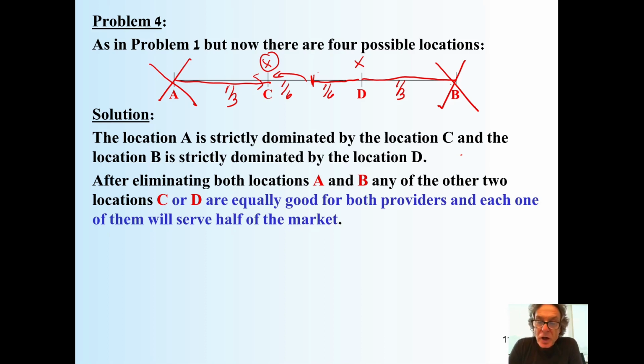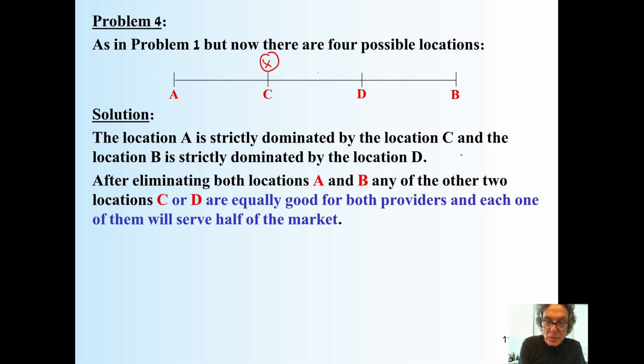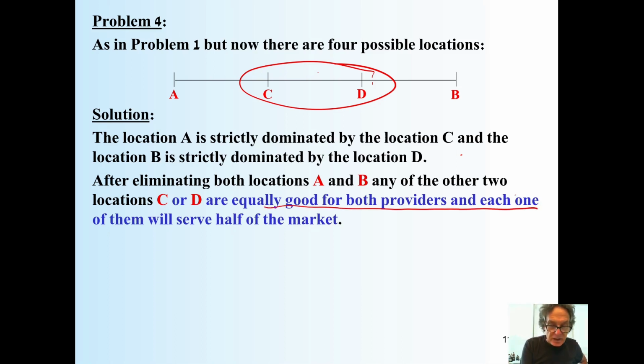Okay, so you have 4 outcomes, like before with 2. If I have an even number, you go to the center of it, and then you cannot distinguish. These 2 will be equally good for both of them. So locations C and D are equally good for both providers, and each of them will serve half of the market.